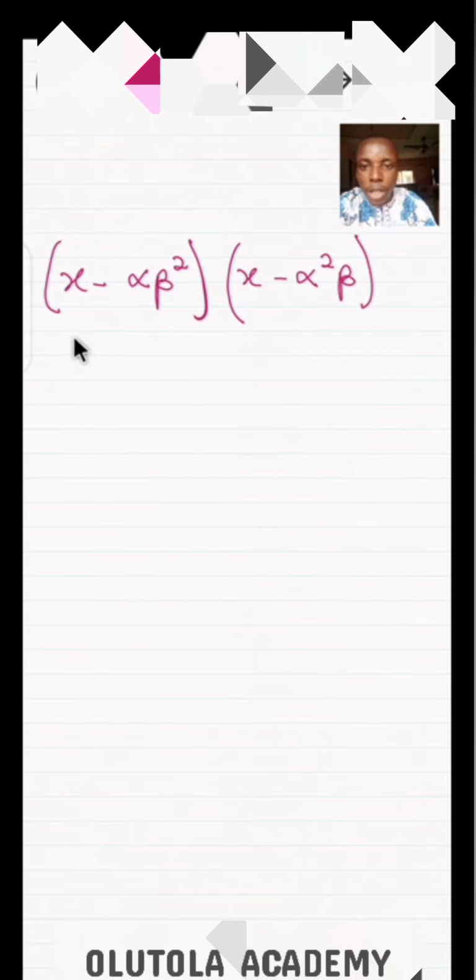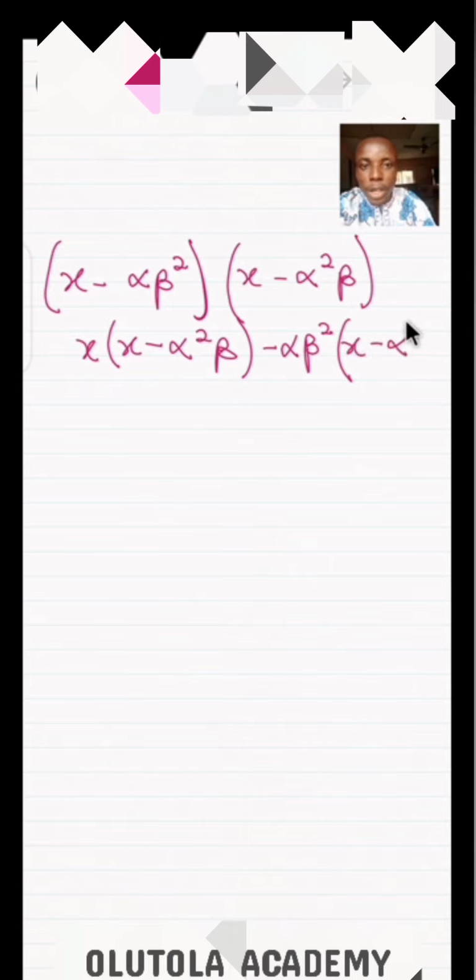I have x into bracket x minus alpha squared beta, minus alpha beta squared into x minus alpha squared beta again. I'm only doing this just the way we do algebraic expansions.